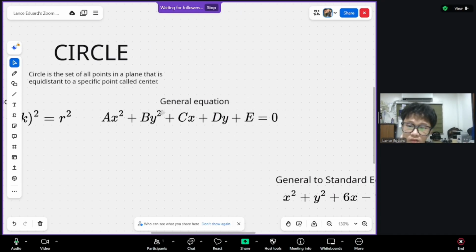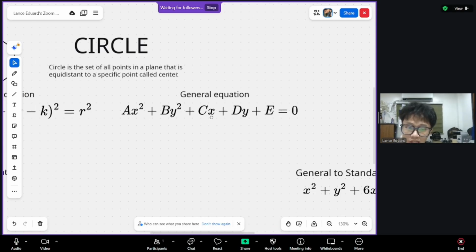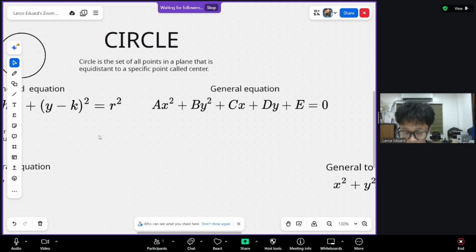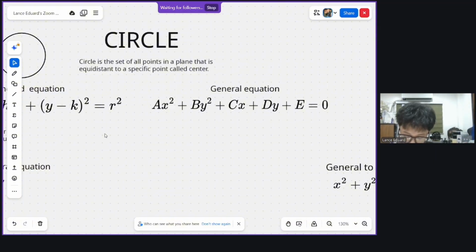And next will be the general equation, which is specified as ax squared plus by squared plus cx plus dy plus e equals 0, where a, b, c, d, e are real numbers, a equals b, and a, b is not equal to 0.